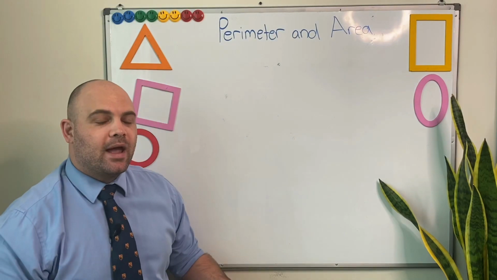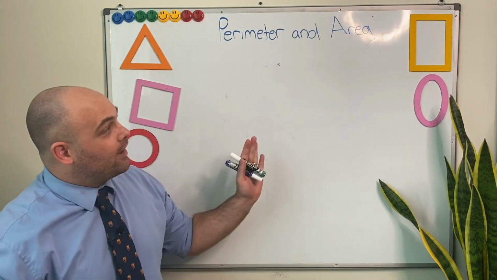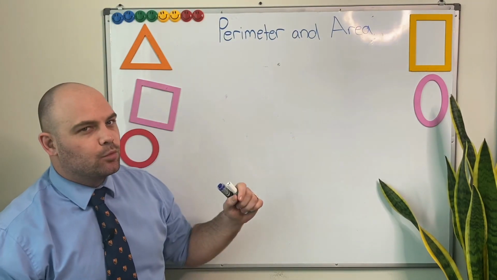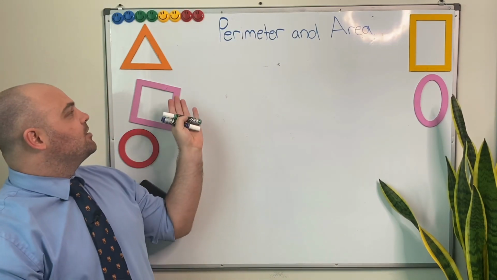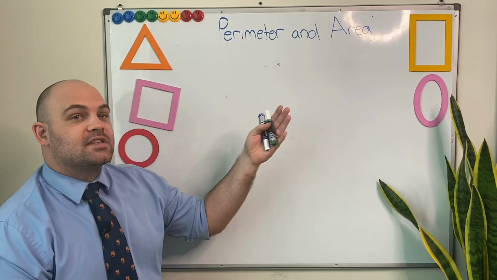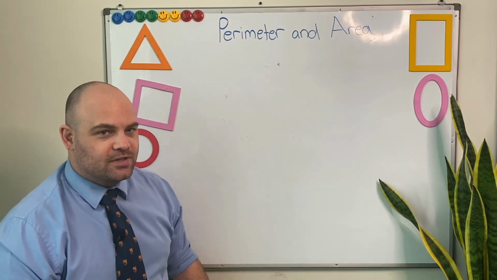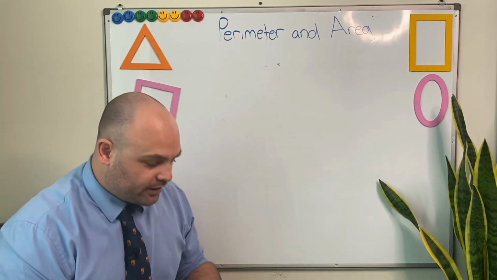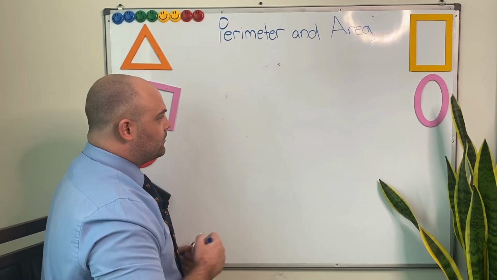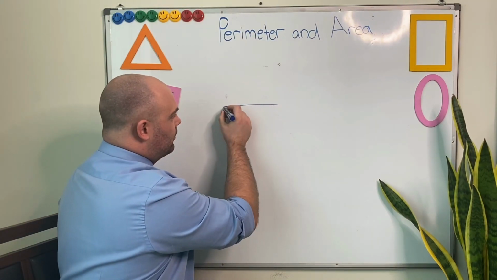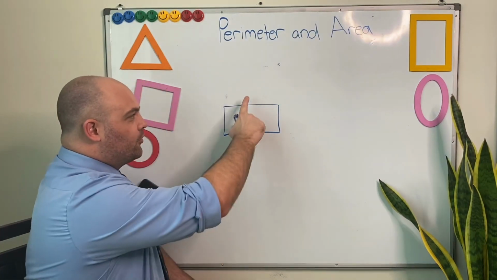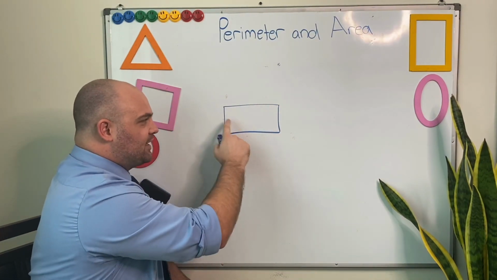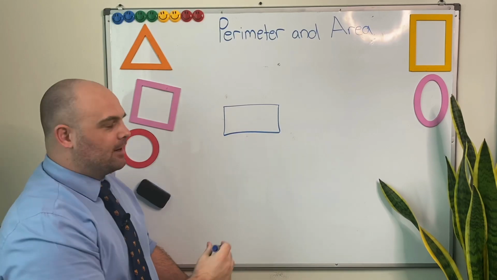So if we had an example with a rectangle, it will be slightly different, because all of the sides of a rectangle are not the same. If we look at a rectangle, we always know that the sides opposite each other will be the same length.